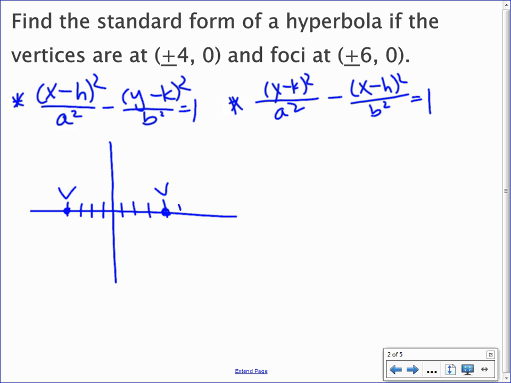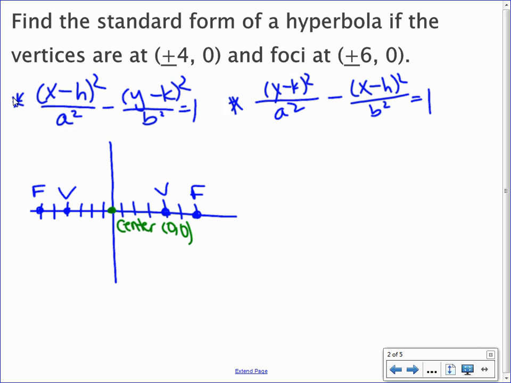And we have foci. What can we get from this picture? Our center has to be in between these, so our center is at the origin.